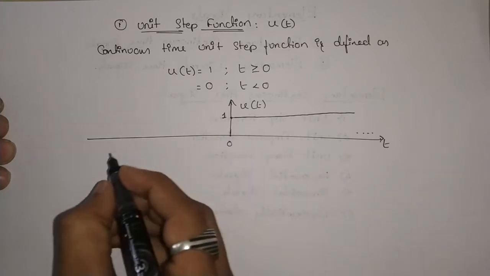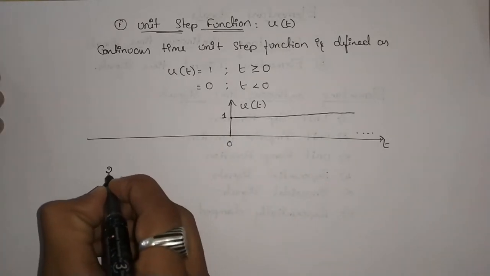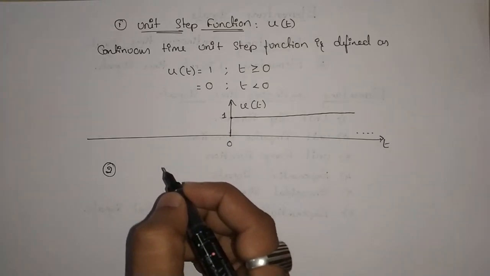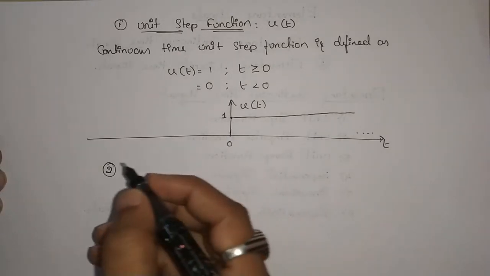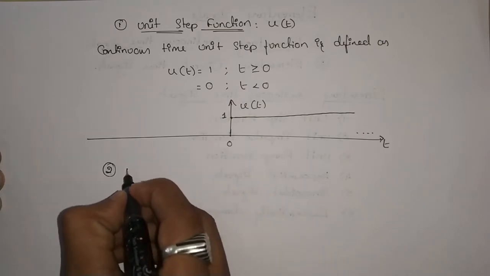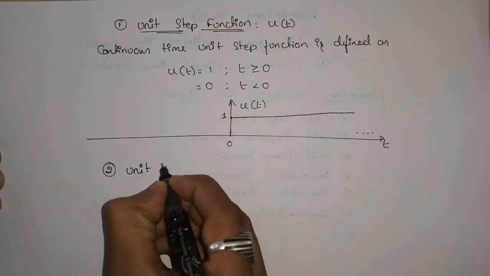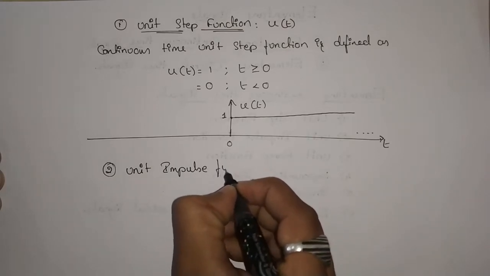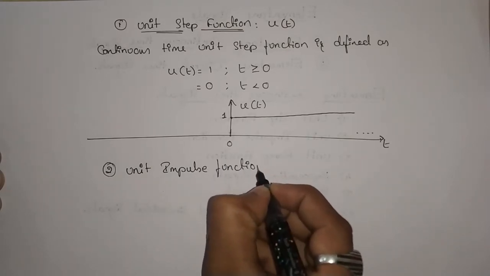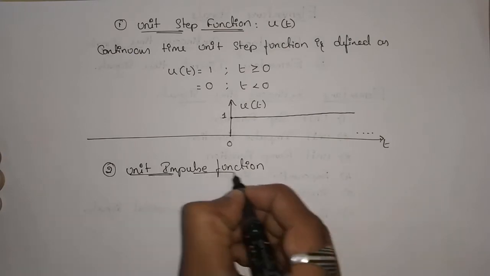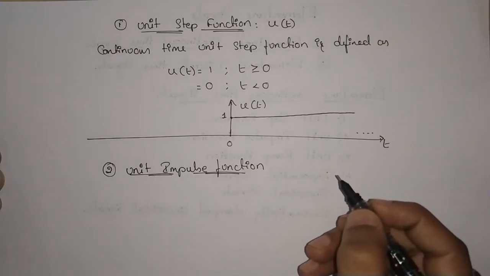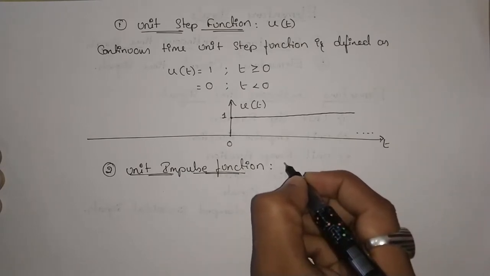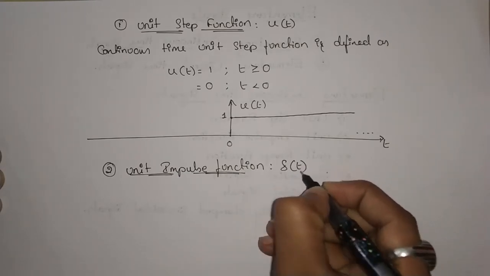The second elementary continuous time signal is the unit impulse function, which is represented by delta of t.